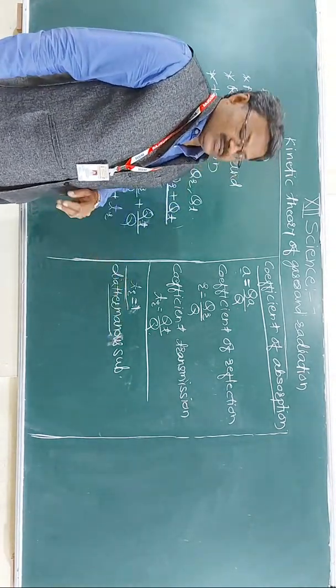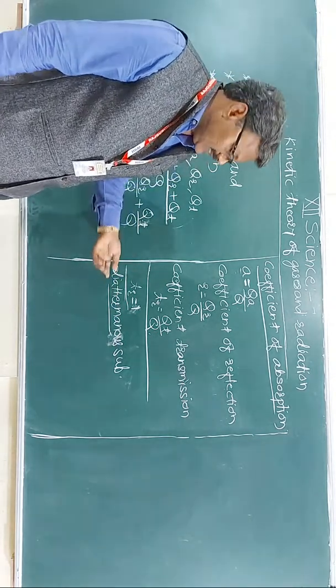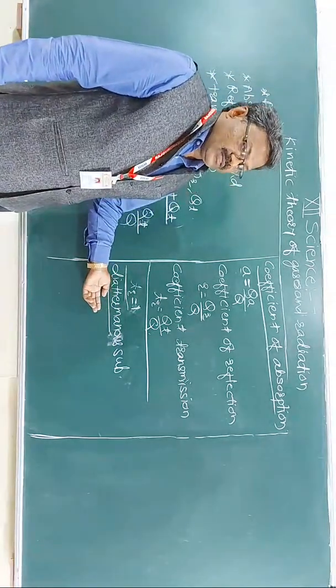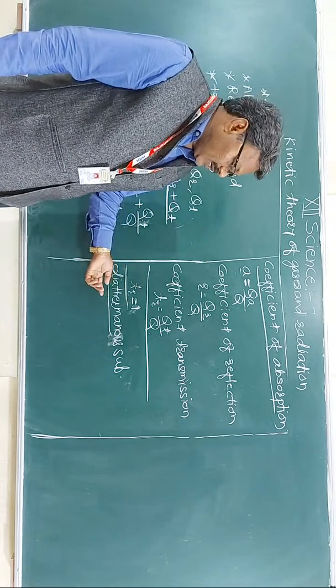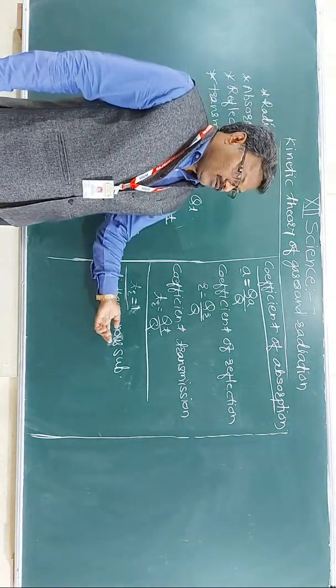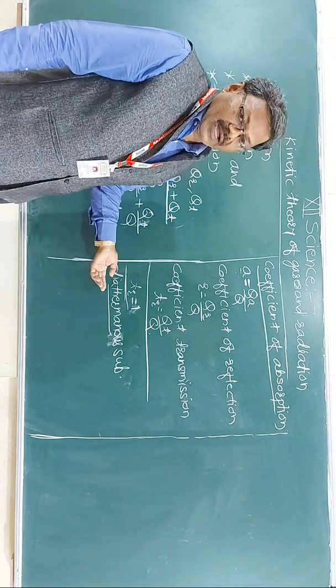Examples of these diathermalous substances are glass, quartz, sodium chloride, air, hydrogen.